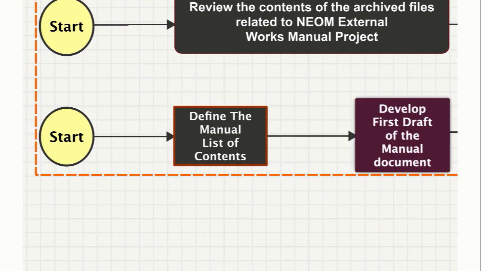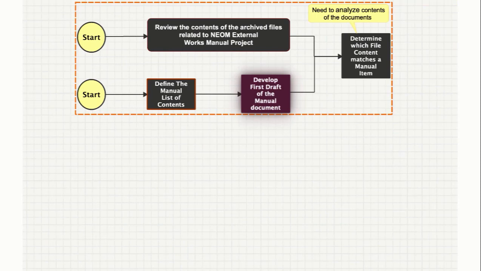And then we have to develop the first draft of the manual document, again, which is presented in this video, to end up with determining which file contents matches a manual item. So first phase we can consider is completed, subject to validation by the team of developing the content report.